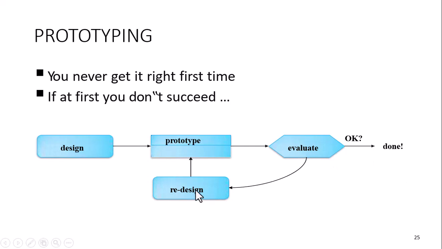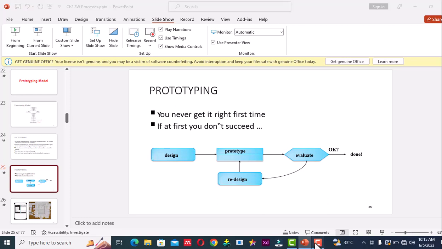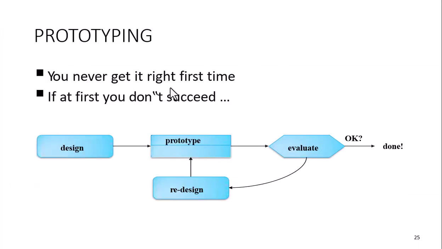If not, then redesign means here you change this design, and then based on the design you develop the prototype. So after redesigning, you design the prototypes again, or you change the prototype, and then you evaluate it with your customer or user.